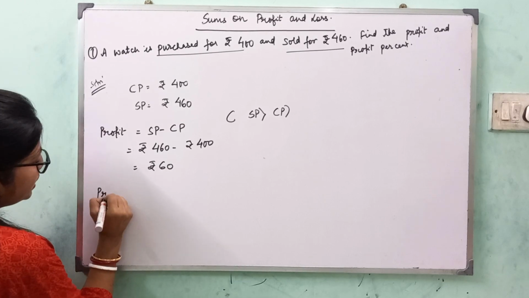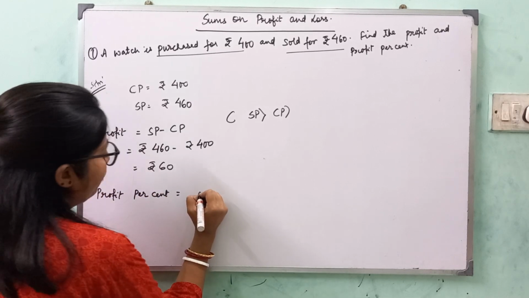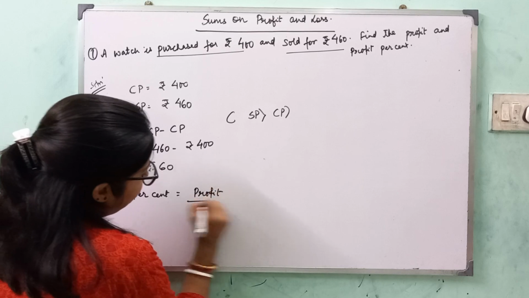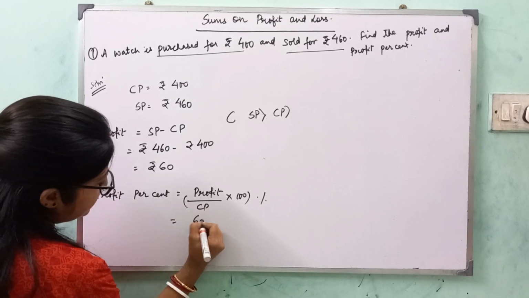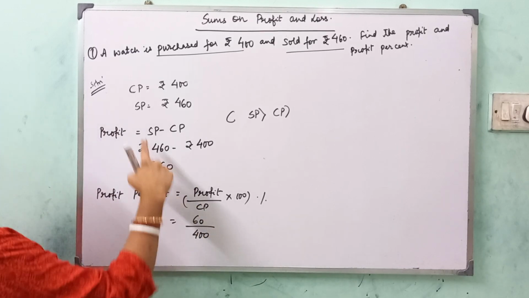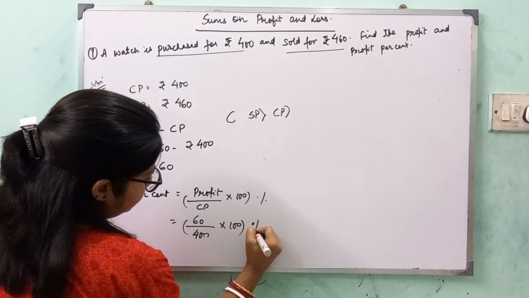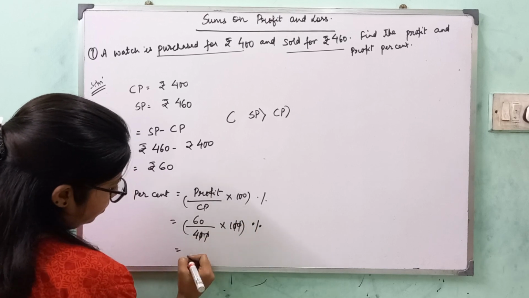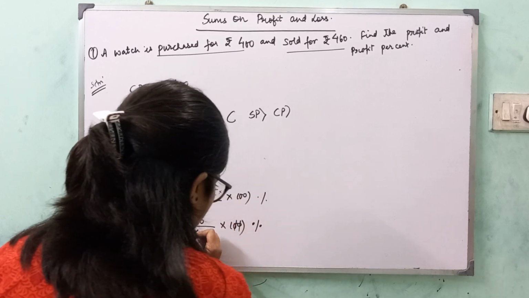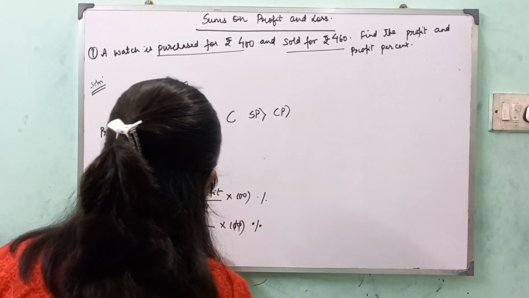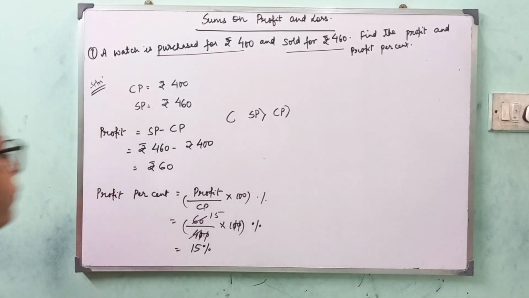Now my next question is the profit percent. We know that the profit percent formula is profit by CP into 100%. So profit is 60, the CP is 400, into 100. So 15%.